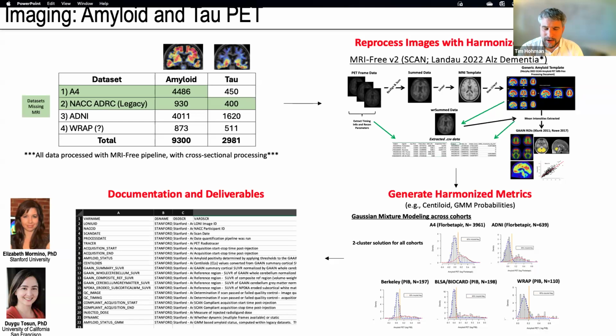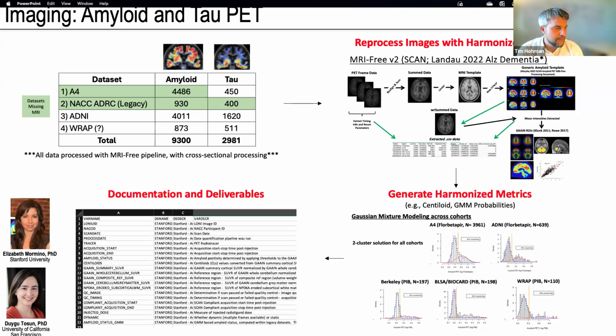And some of the studies were not able to calculate centiloids because of the way the data were captured or made available to us. And in that case, we use a statistical approach in post-processing that is based on a Gaussian mixture model. And essentially, you can use the distribution of the data to do this really nice nonlinear transformation across ligands that gets everything back onto the same scale that can be jointly analyzed.